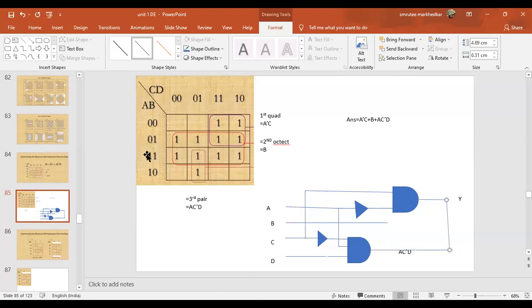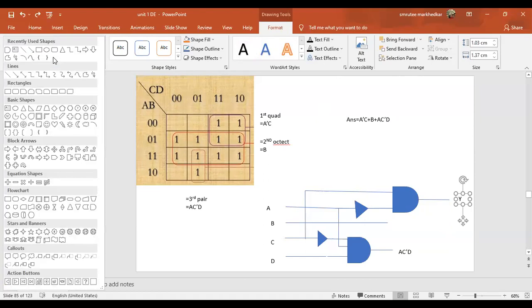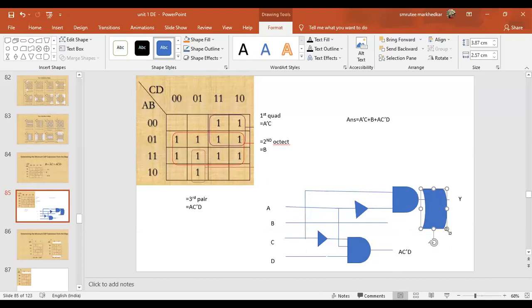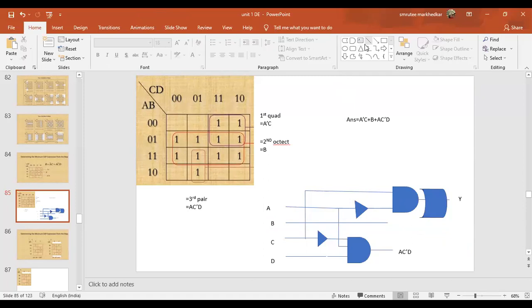That gives Y. Remember one thing we have missed here: everything is connected with the OR gate. You can see there is a summation sign, which means OR, in between. So we need an OR gate. We got one OR gate here, and we are going to merge it with here. So I will place it here, and Y we will connect. Now we will merge these dots here.